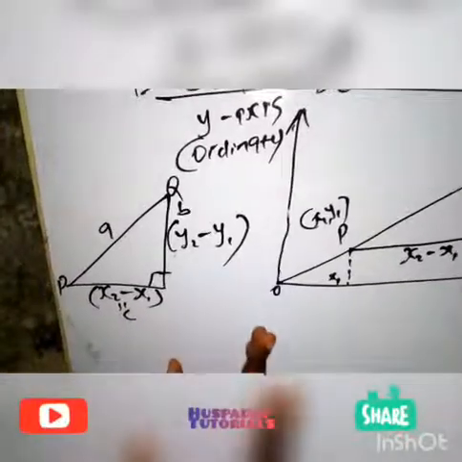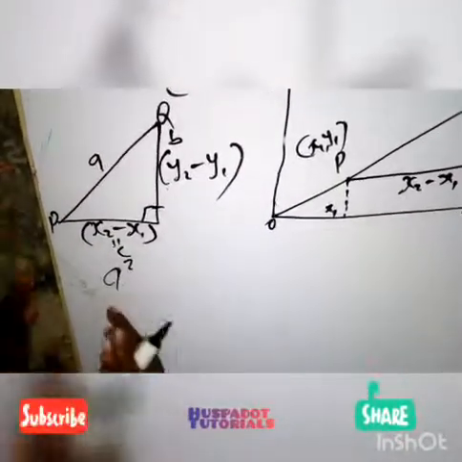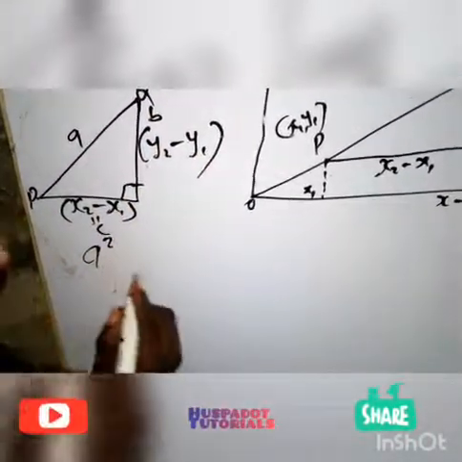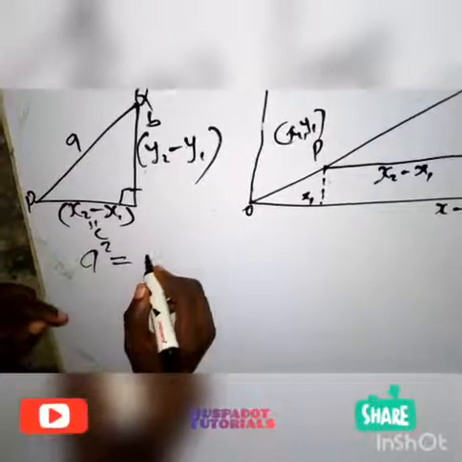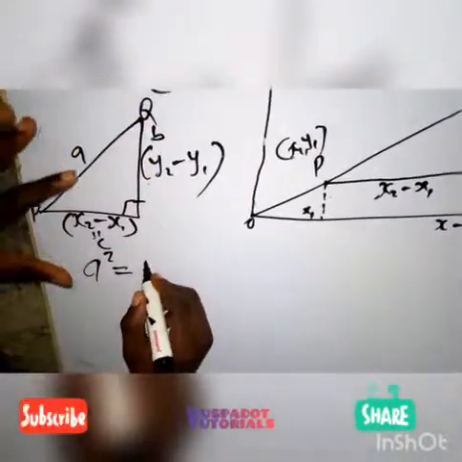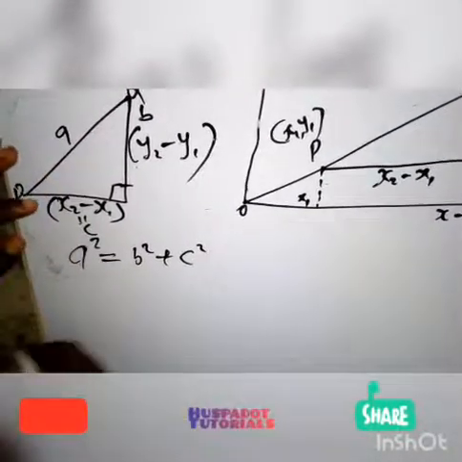So the Pythagoras theorem says that the square of the hypotenuse, and the hypotenuse is the longest side in the right angle triangle, is equal to the sum of the squares of the two other sides, and that's B squared plus C squared.